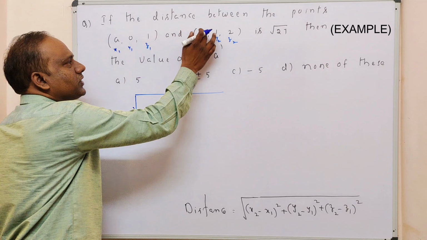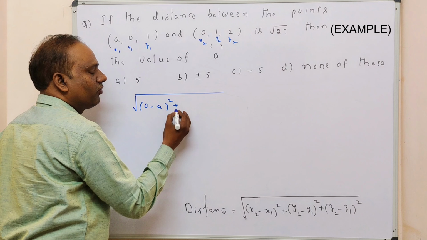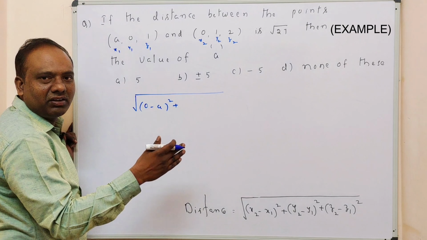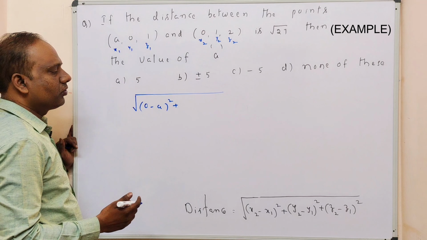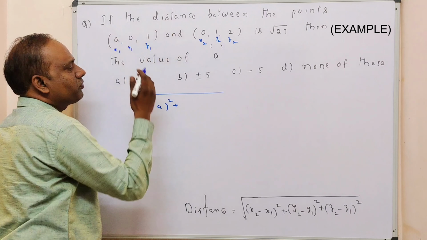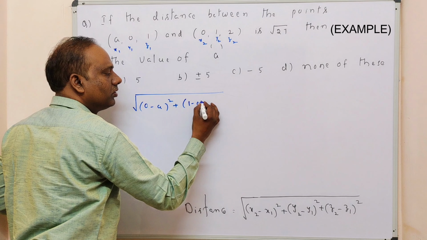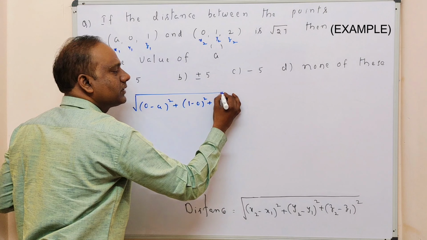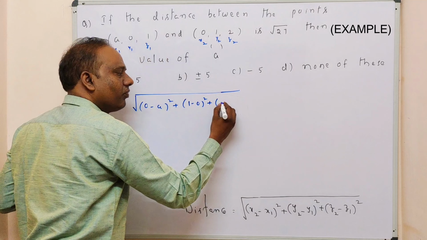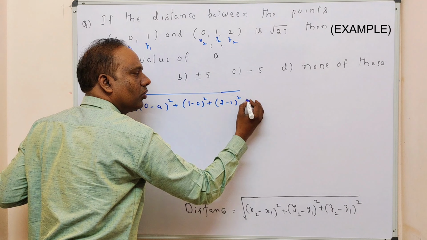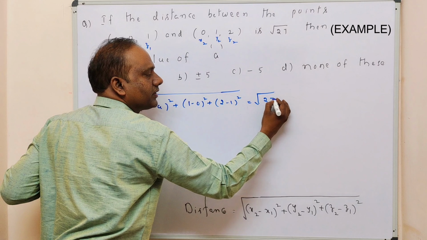So x2 minus x1, that means (0 minus a) whole square. For understanding purpose actually I am writing 2 extra steps. Okay. (0 minus a) whole square plus (y2 minus y1) whole square, that means (1 minus 0) whole square plus (z2 minus z1) whole square, so (2 minus 1) whole square is equal to, distance is equal to, they have given root 27.